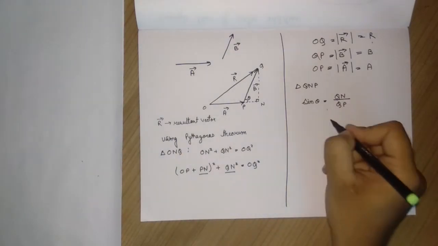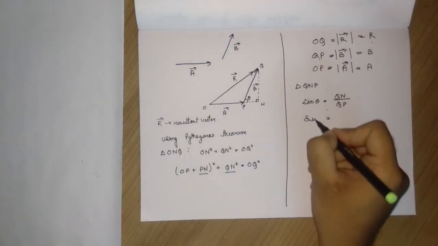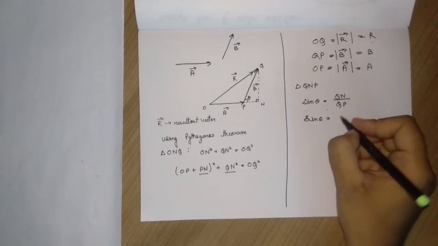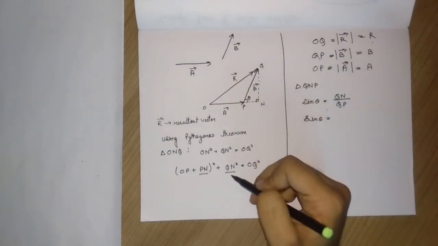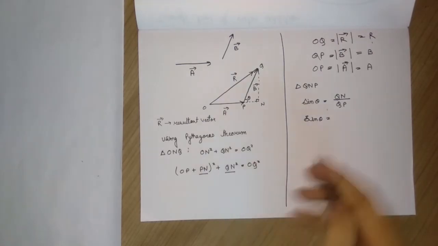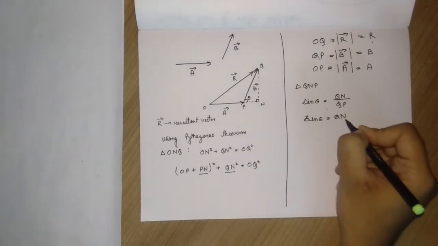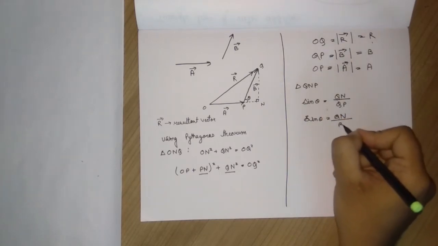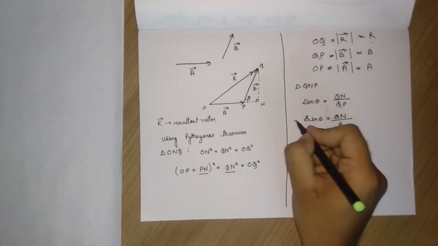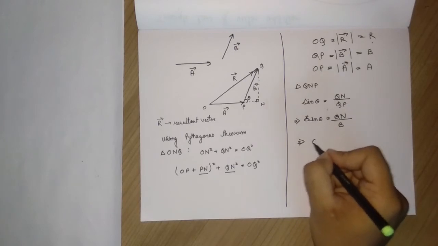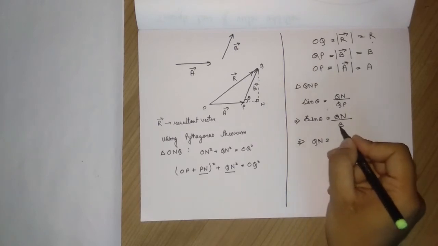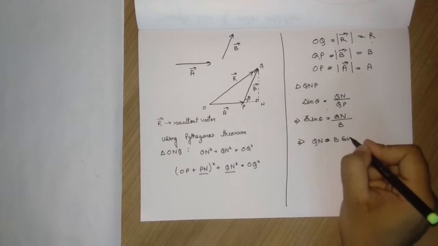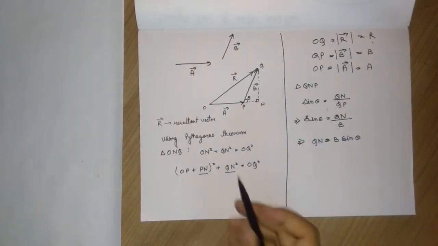Here QN is what we need to find, and QP is B. Therefore, QN is equal to B into sin theta. What is the value of QN? It's B sin theta.